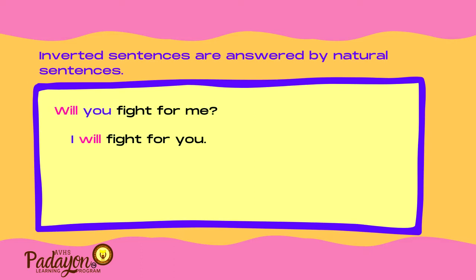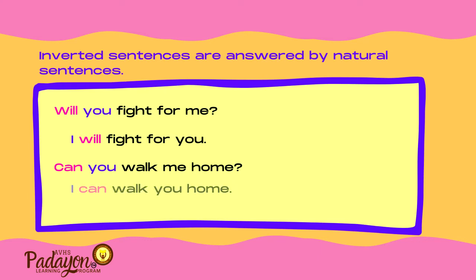Now from an inverted sentence, it is answered by a natural sentence. Another one. Can you walk me home? Now this is answered by: I can walk you home. See the change of position of the modal verb can and the subject you, and then the you became I.